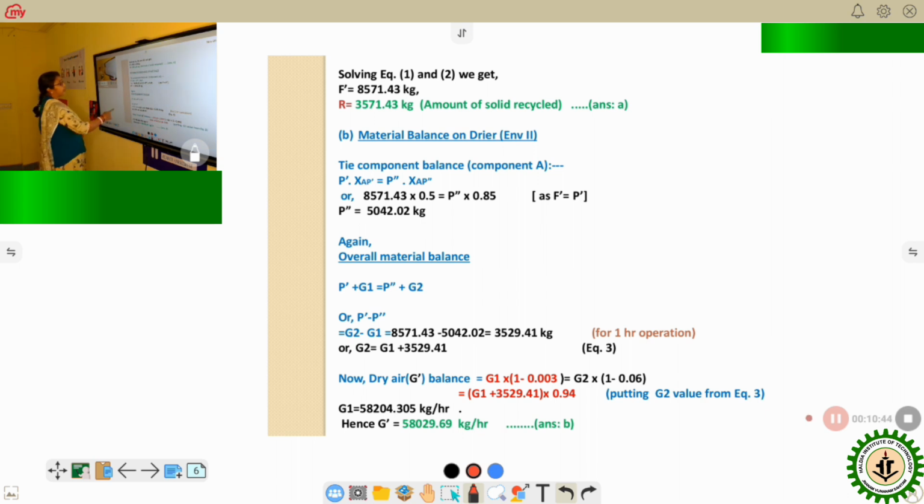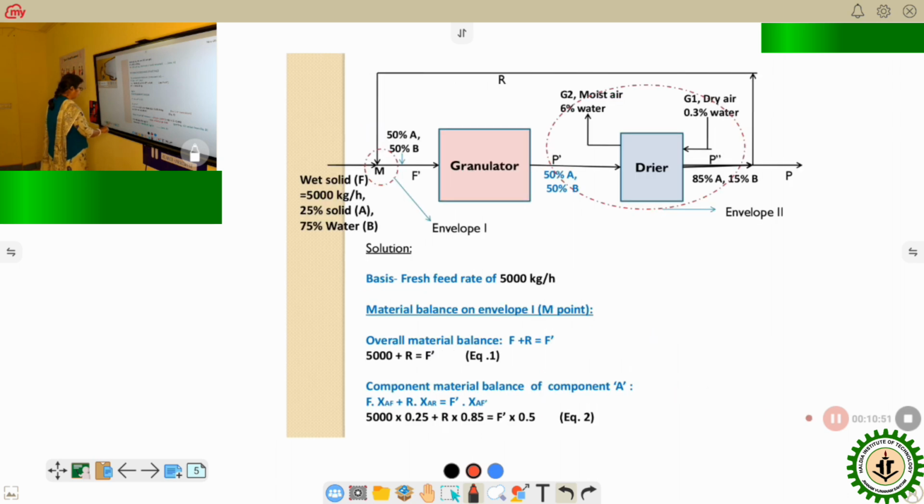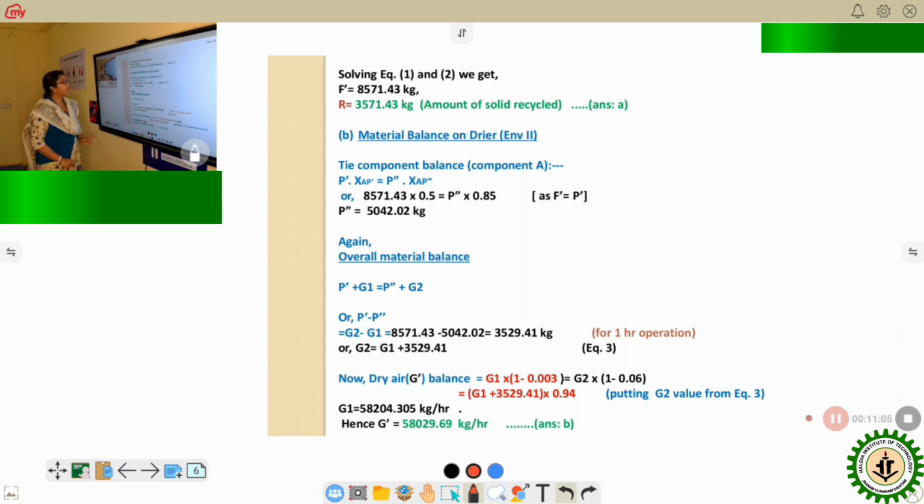Again, if we do the overall material balance on the dryer, that means on envelope 2, we get P dash plus G1 equals P double dash plus G2. That means total inlet mass equals total outlet mass. This is your overall material balance.